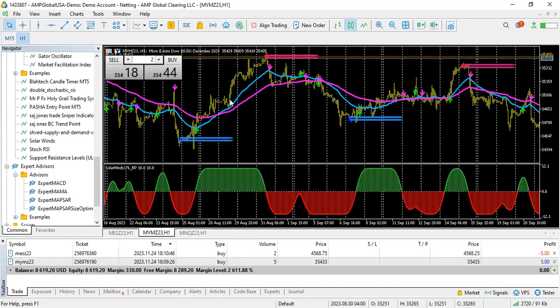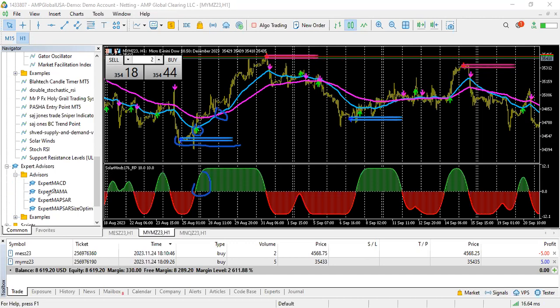You see what I'm saying? It repeats itself. It consistently repeats itself. You have our support. We have our BC trend point. We got our solar wind crossing above. We got our crossover that happened here.